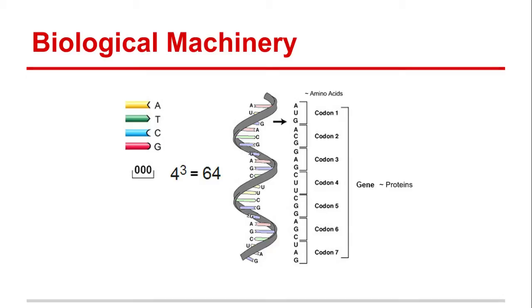The first codon and codon 7 are starter and ender markers, and it knows how to start and end a process or a gene. The total combination of what a codon can be is 4 to the 3rd, which is 64 different things that a codon can be.